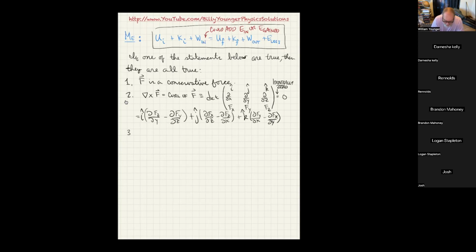There's another rule that says the integral from A to B of F dot dL, in other words, we're calculating the work from one point A to another point B, is going to turn out to be some V of B minus V of A, and is independent of path.